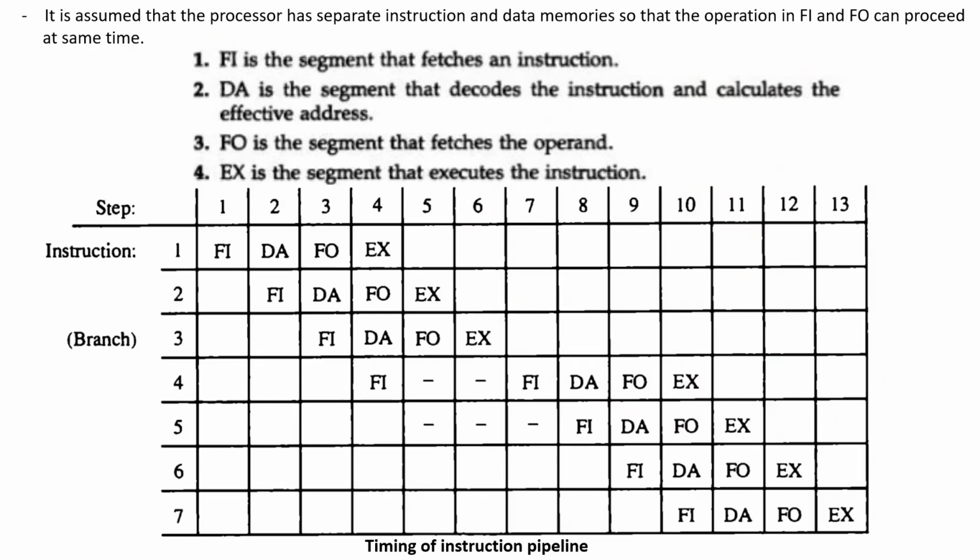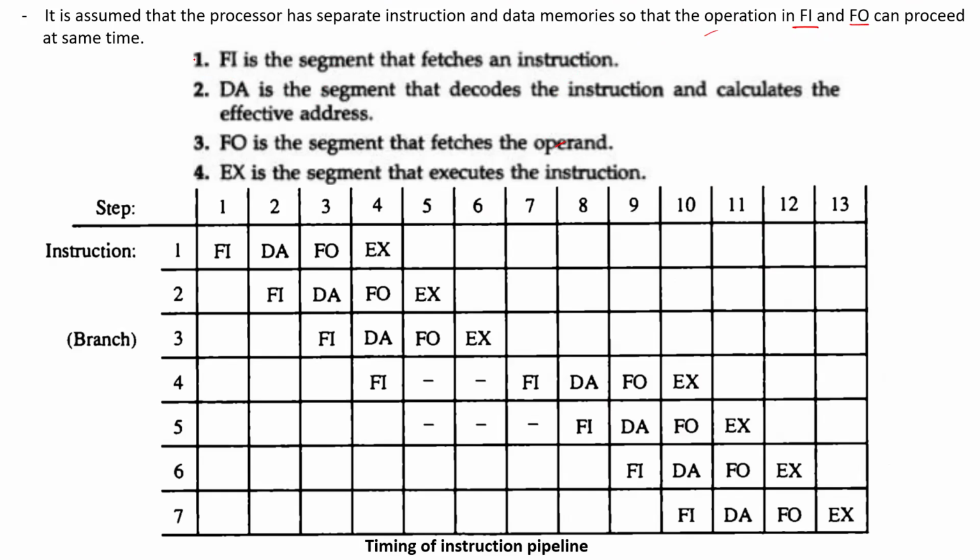Here it is assumed that the processor has separate instruction and data memories, so FI and FO can take place at the same time. Both have different pipelines, so both processes take place at the same time.